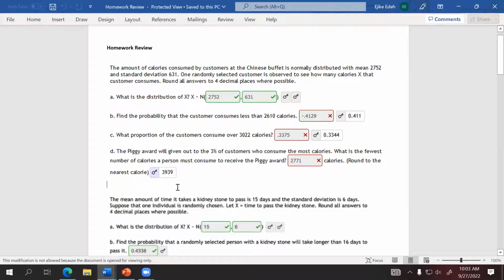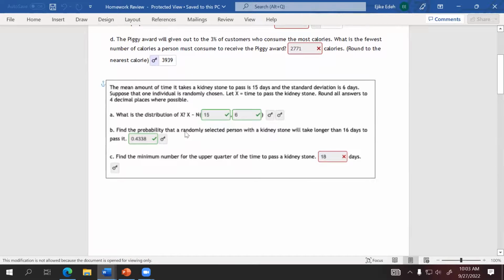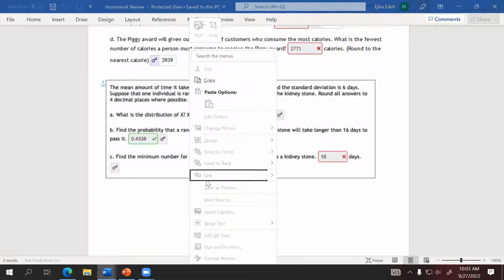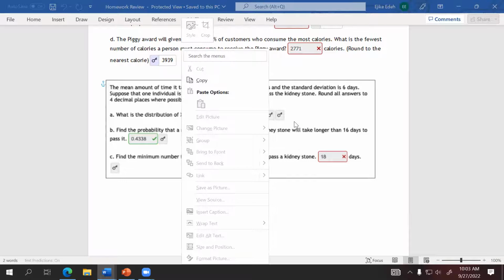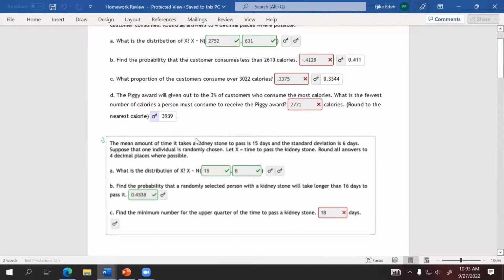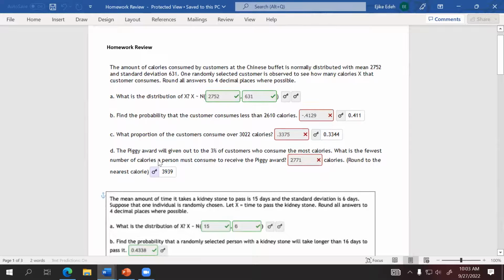It's not a word document. It's not active. We're going to pick up a new page to solve there, but let's look at the question. The first one says the amount of calories customers consumed, the mean value is.